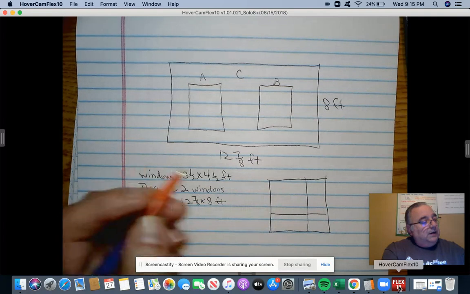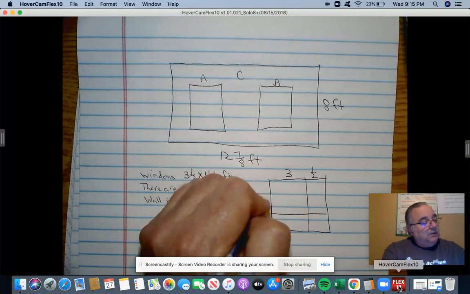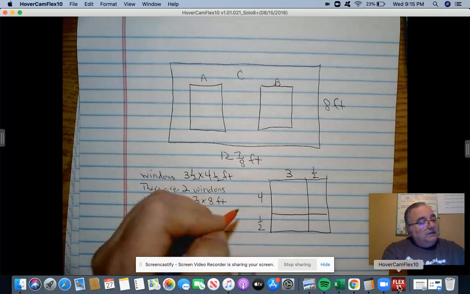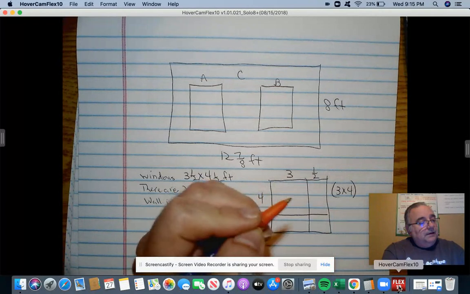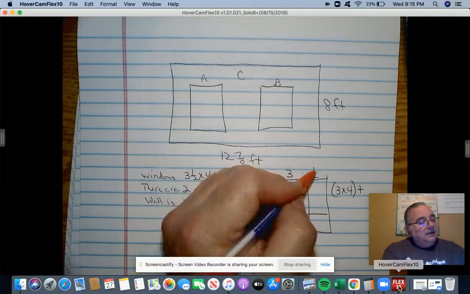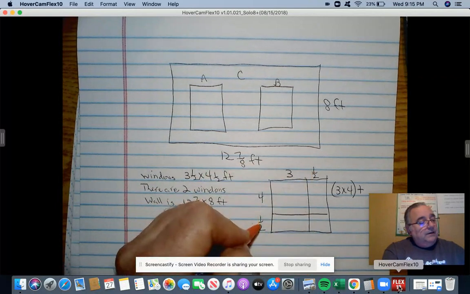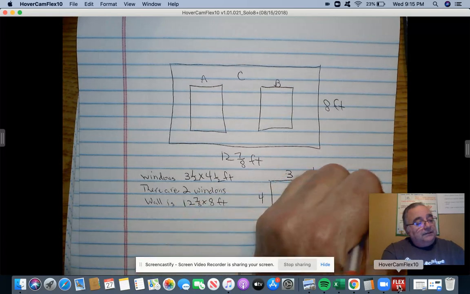I'm going to break it up. One of them is going to be 3 1/2 and the other one is going to be 4 1/2. So I'm going to take 3 times 4 and then I'm going to add 1/2, 3 times 1/2.